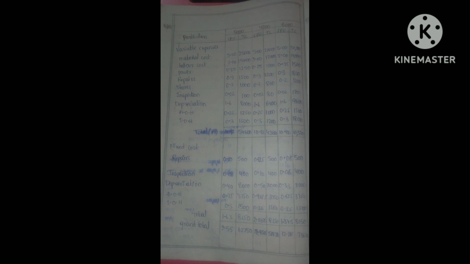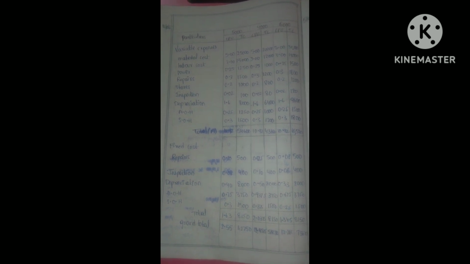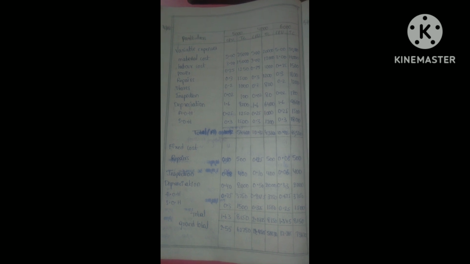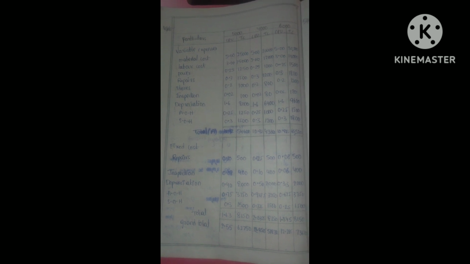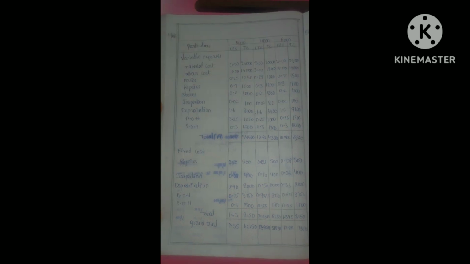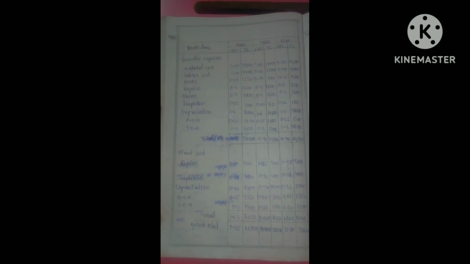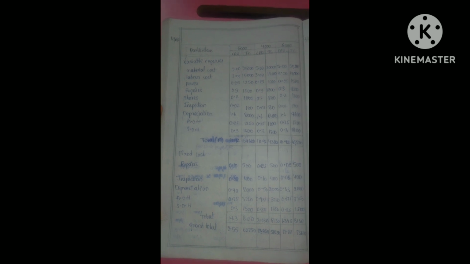So calculate this 500 with 5,000 units, so we will get cost per unit value. So 500 remains the same for 4,000 and 6,000 units in the total cost place, and we have to calculate them with 4,000 and 6,000, so we will get cost per unit value. So apply the same procedure for inspection, depreciation, administration overhead and selling overhead.